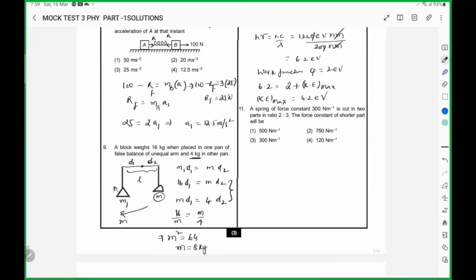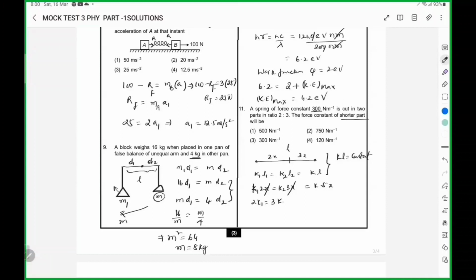A spring of force constant 300 Newton per meter is cut into two parts. Total length say L, it is 2x and 3x. What we have to remember is that spring constant into L is always constant. So K1 L1 is K2 L2. Here L1 is 2x, L2 is 3x, and the whole is K into 5x.